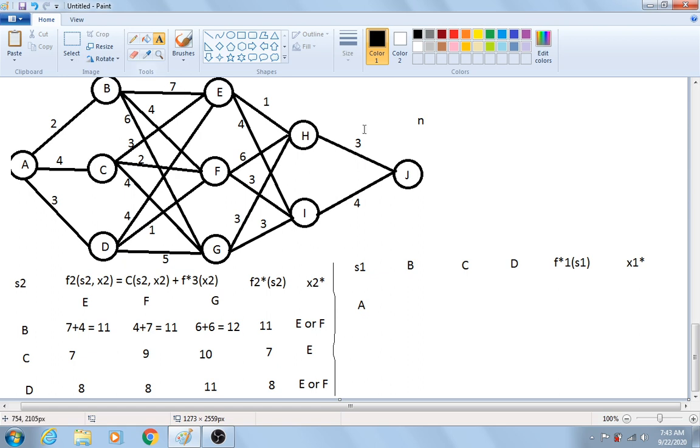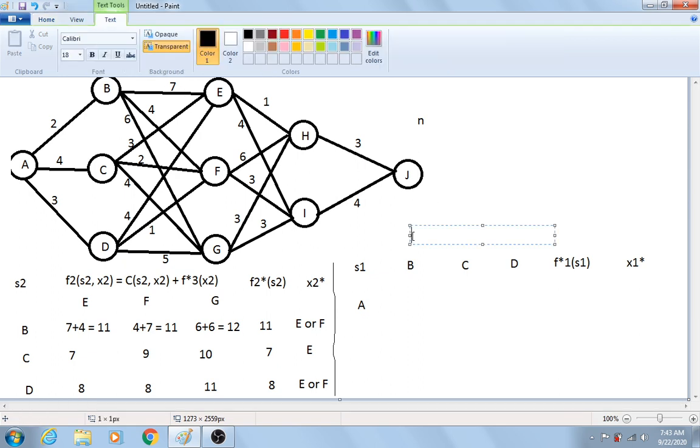The function over here will be F1 S1 X1, that is C S1 comma X1, plus F star 2 X1.